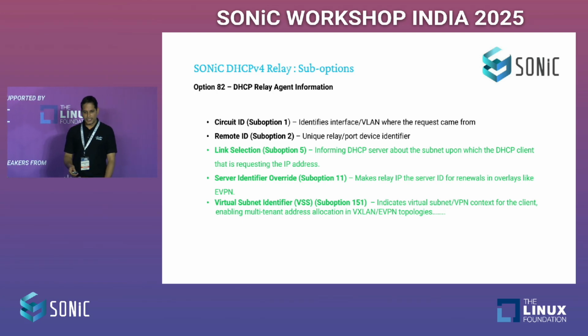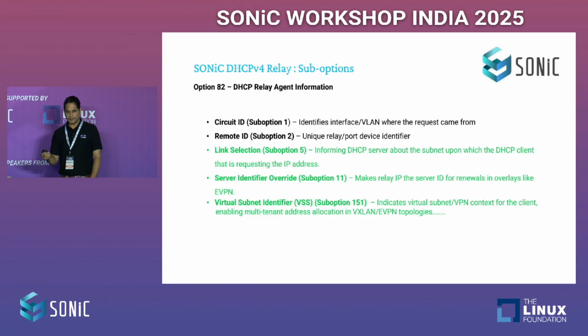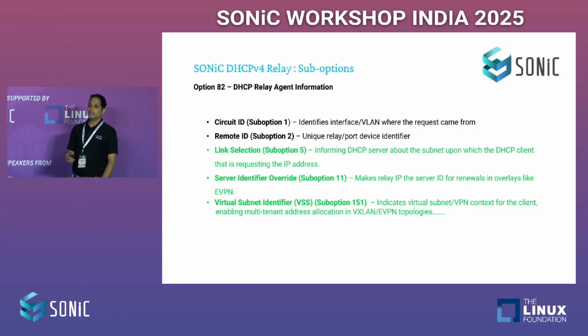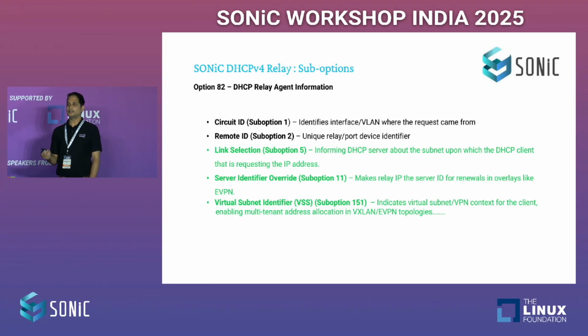Coming to server ID override, this sub option will mostly be useful for the clients. Basically, for every renewal, clients don't have to send the packet directly towards the DHCP server. When this option is enabled, we replace the DHCP server IP address in the DHCP packet with the relay IP address, so that the client can send the packets directly to the relay instead of sending them to the server directly.